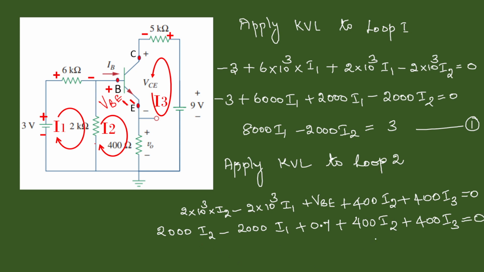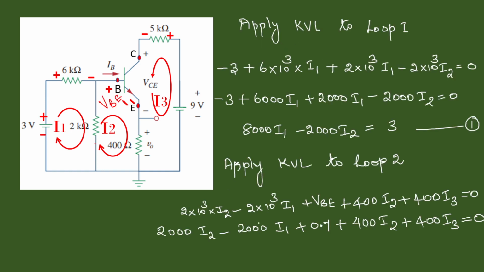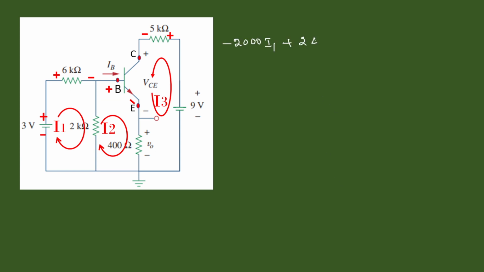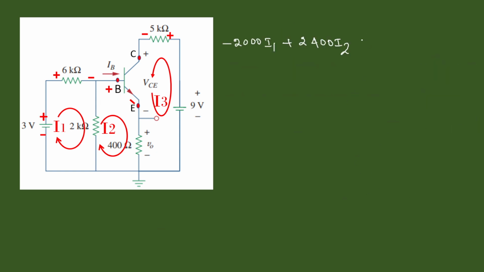So we can combine this I2's together: minus 2000 I1 plus 2000 plus 400, so 2400 I2, then plus 400 I3, that is equal to minus 0.7. Okay, this is our second equation.